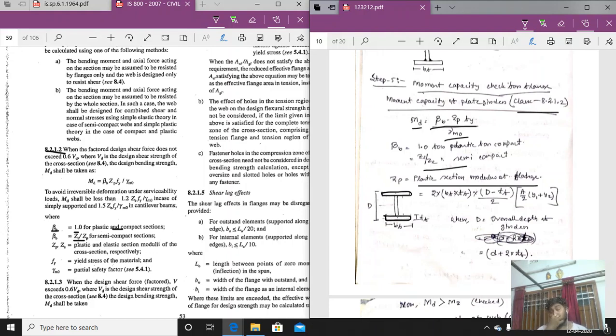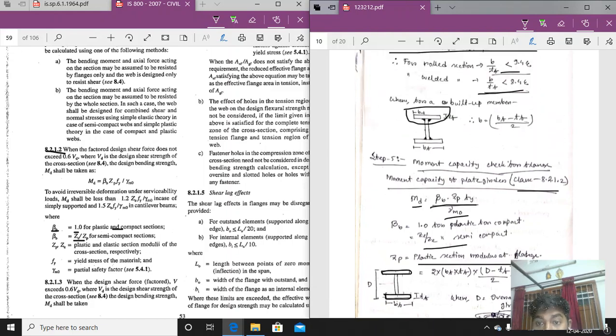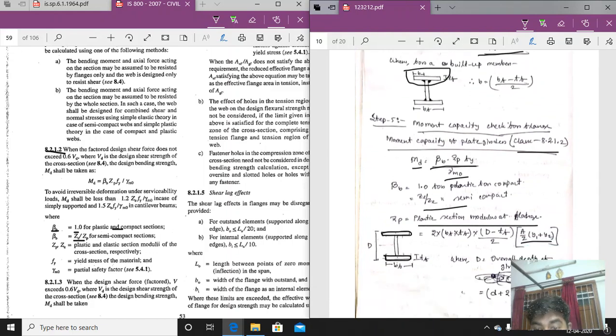What is the plastic section modulus formula that I have told you? It is the formula A by 2 into y1 plus y2. A by 2 means the total area by 2. So if we use that formula, A by 2 means 2 into bf into tf, because these are the two flanges, by 2, into y1 plus y2, the distance between. If this is the equal area axis, that distance is y1 and y2. y1 plus y2 means the distance between them, that is total capital D minus the thickness of flange, by 2.